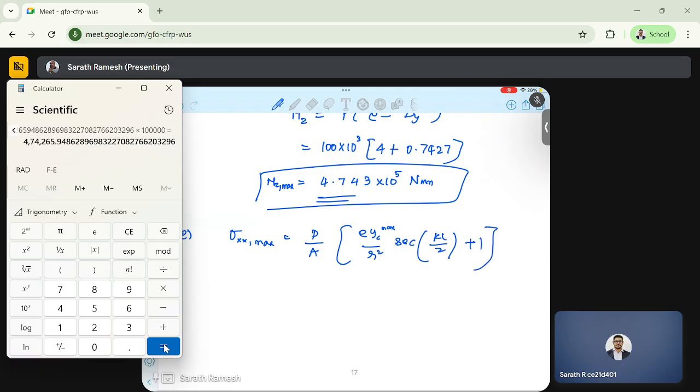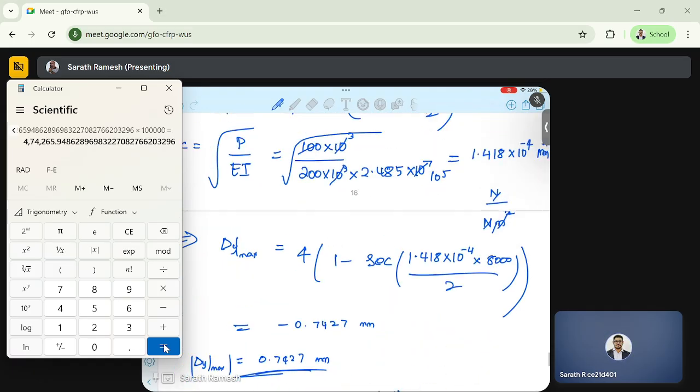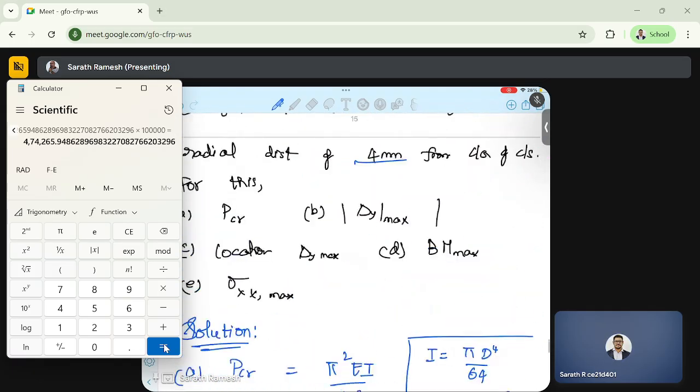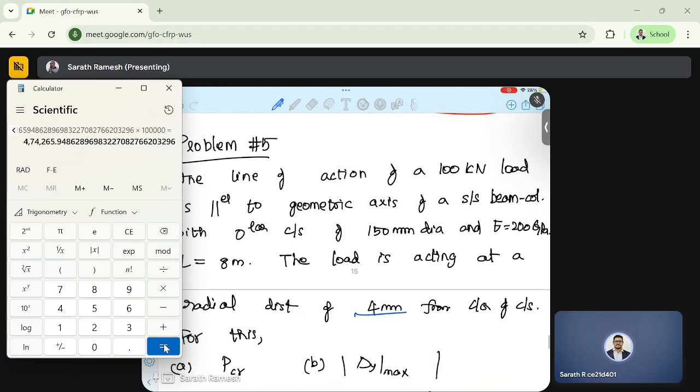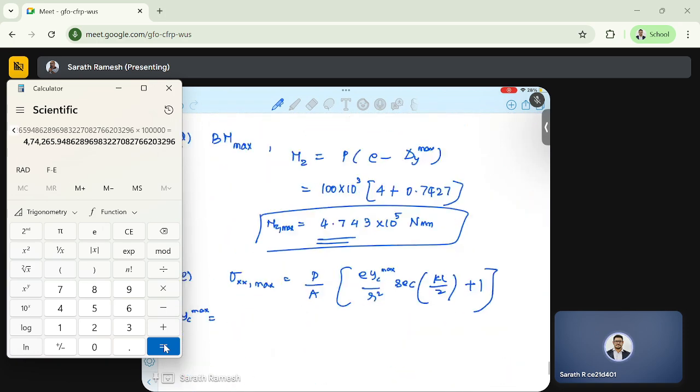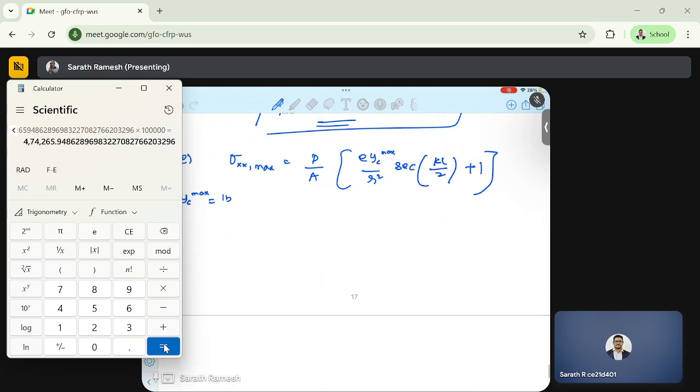Now, what is Yc max? It's extreme fiber location. It is circular, so it's D by 2, 150 by 2, 75 mm.